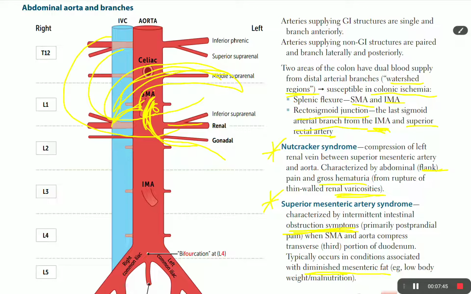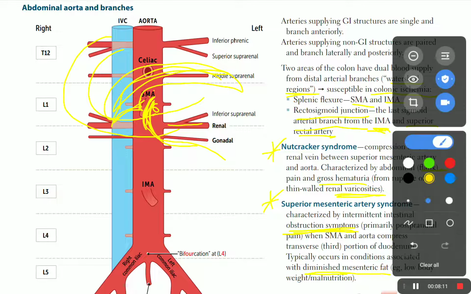Oh, it happens in malnutrition also because they decrease the fat in the body. It happens to malnourished children or elderly because it's compressed on the duodenum.